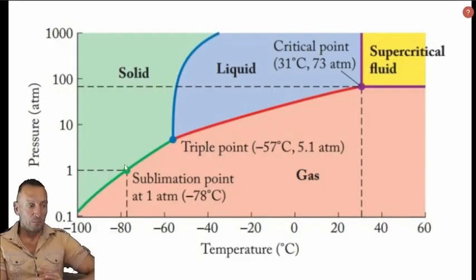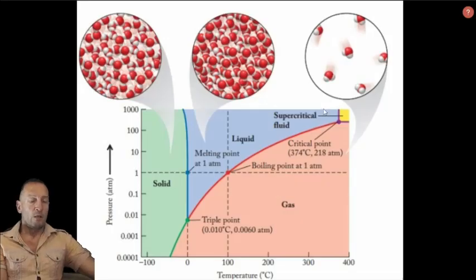So this is the sublimation. The reverse process is called deposition. All right, deposition. And if we look at another point, this graph, is that the boiling point of water, when the pressure is lower, gets also lower.